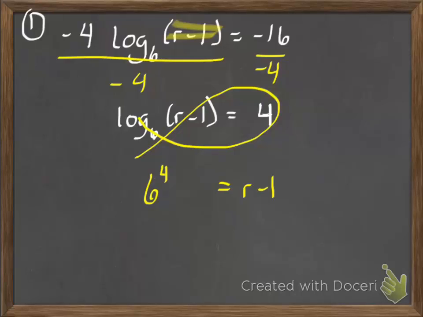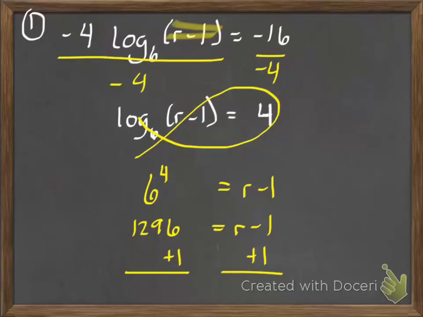These are the things where you might need a calculator. 1,296 equals r minus 1. Now, add 1. 1,297 equals r. You're done. So we're just solving, but the big trick is to get the logarithm first isolated, then convert it, then solve.